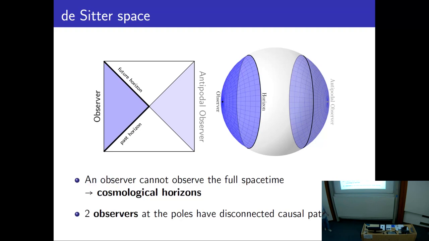So in particular here, we consider two antipodal observers, located at antipodal points of this sphere, and the blue regions depict the region of spacetime that the observer can interact with. We call these regions the static patches, and they are bounded by cosmological horizons, which are the diagonal lines here on the diagram.